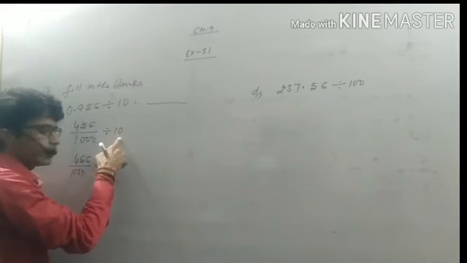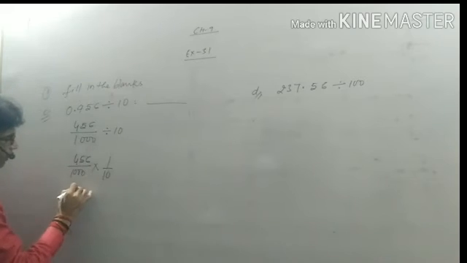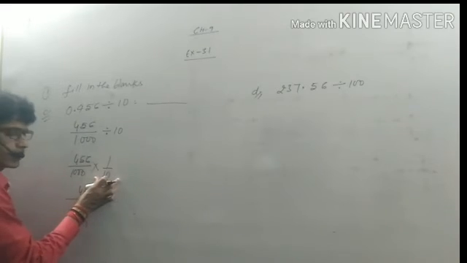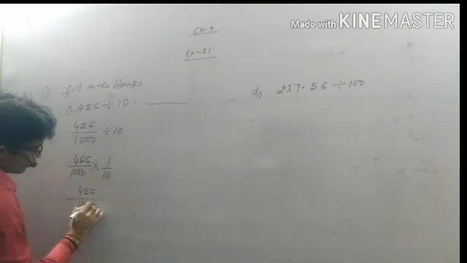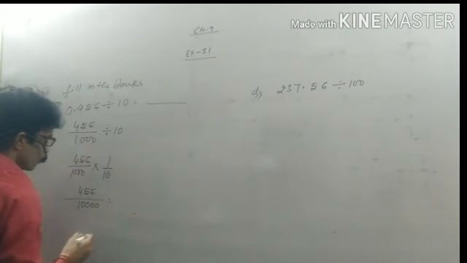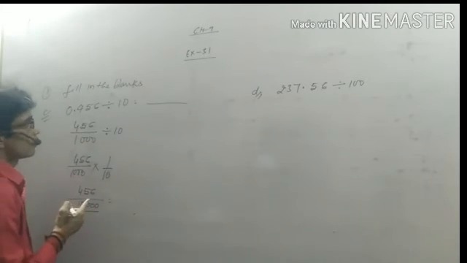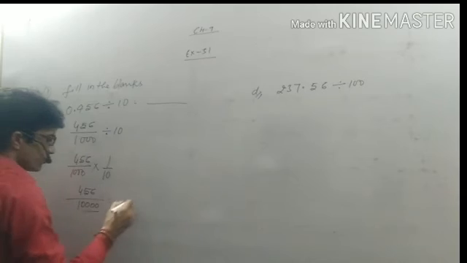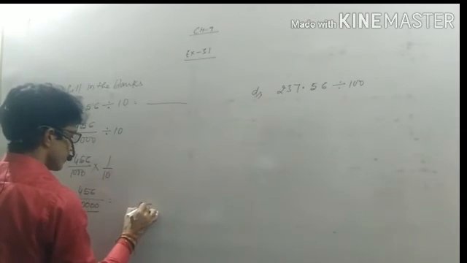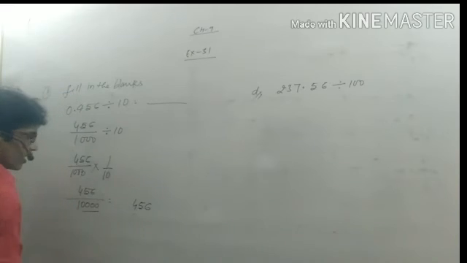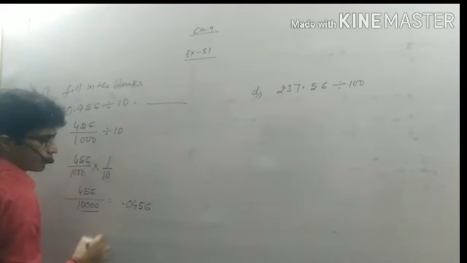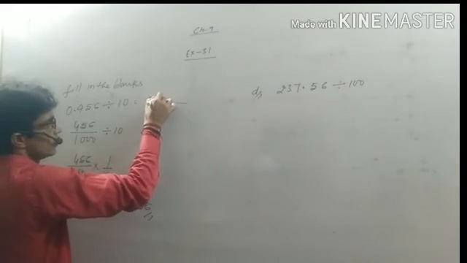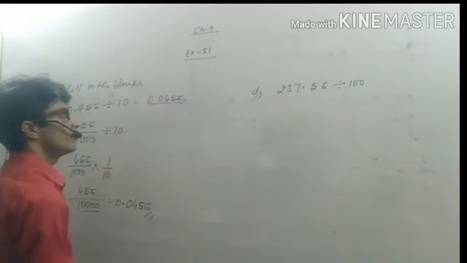The reciprocal of 10 is 1 by 10. Now multiply: 456 times 1 is 456 and 1000 times 10 is 10,000. 10,000 has 4 zeros, so put the decimal after 4 places. First place is 6, second place is 5, third place is 4, and fourth place is 0. So put the decimal here. Our required answer is 0.0456, and this is your required answer.